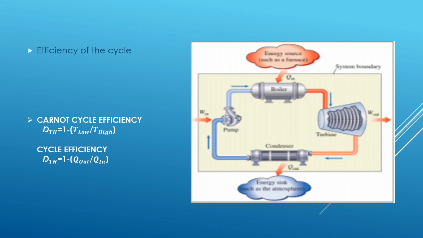For the real cycle efficiency, it is 1 minus Q out over Q in. Generally, this cycle efficiency is much lower than the Carnot ideal efficiency because of the heat that is lost due to friction in the pipes and also the heat loss throughout the system.